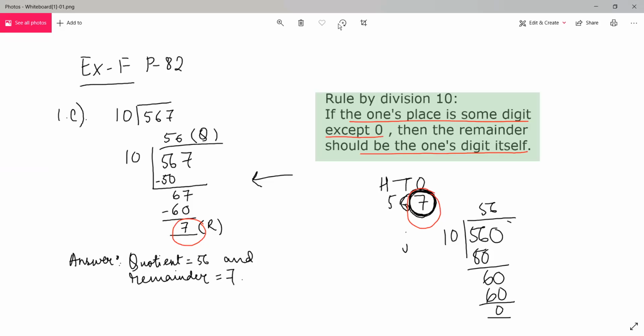If it is done, then only raise your hand. Okay, the rules and the 1C sum. I will make you understand why I have written this rule.